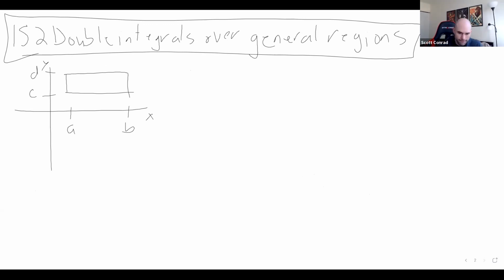Notice this rectangular region, we'll call it D, because we're going to call all the regions D. It's bounded on the bottom by the curve y equals c, and bounded above by the curve y equals d.